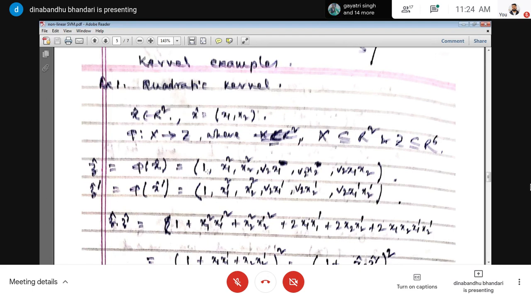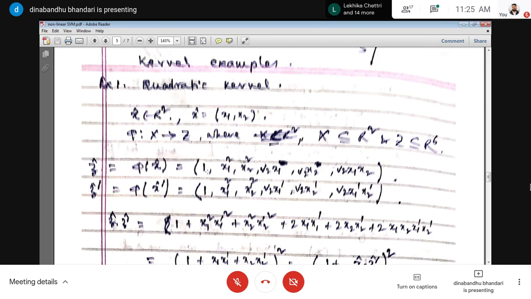So what are the terms in a 2-dimensional quadratic expression? That is x square plus y square. X square we have, y square we will have, xy we will have, x we will have, y we will have, and a constant term. We know that very well. The general function of two dimensions is ax square plus by square plus 2hxy plus 2gx plus 2fy plus c equal to 0.